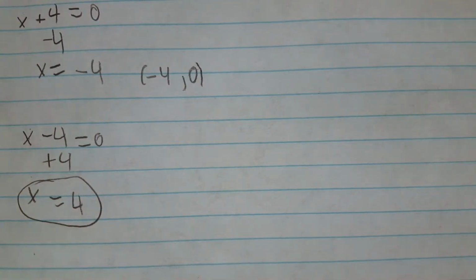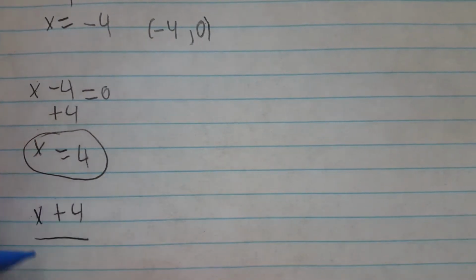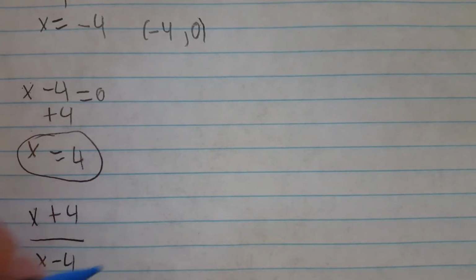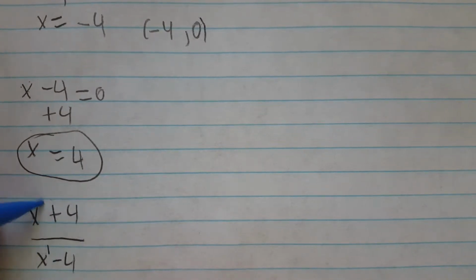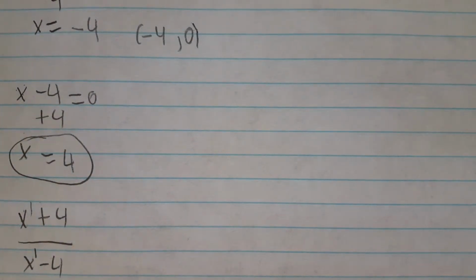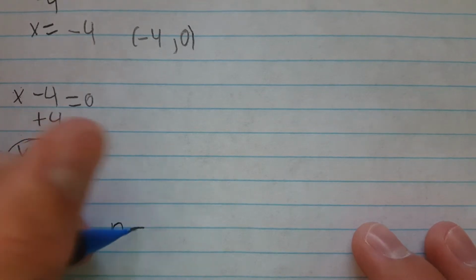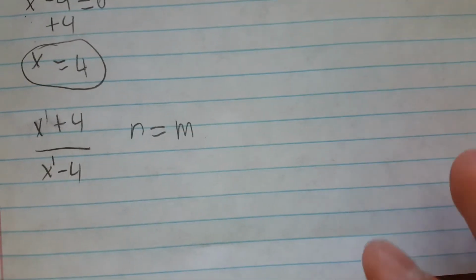But so let me draw this out. x plus 4 over x minus 4. So here, you see, same powers of x's, x to the first, x to the first. It's equal. So the numerator is represented by n, and the denominator is represented by m. So that would mean n is equal to m. It's just how we write it.